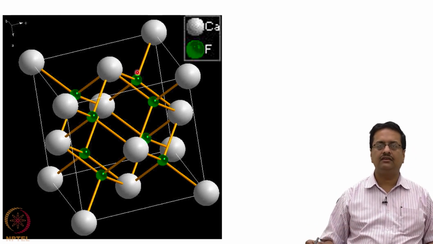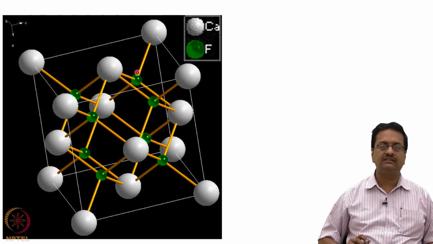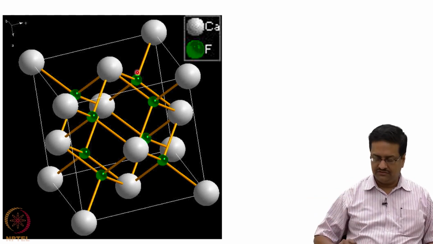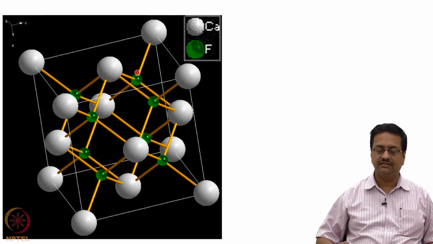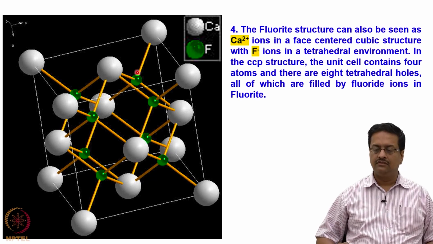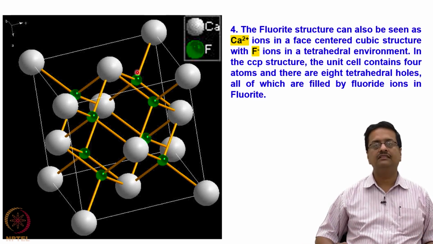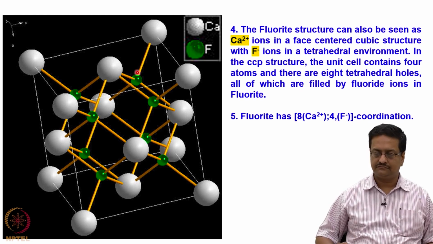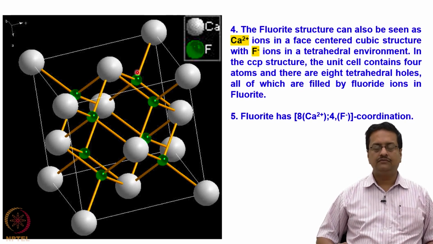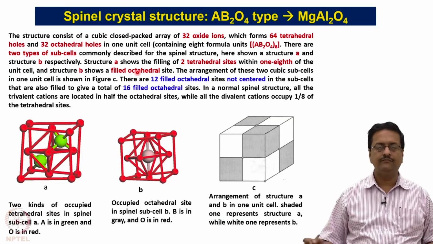Here the fluoride ion occupies all the possible tetrahedral holes and forms this calcium fluoride structure. So the fluorite structure can also be seen as calcium ions in the face centered arrangement and fluoride ions occupying the tetrahedral sites. So fluorite has an 8:4 coordination geometry.